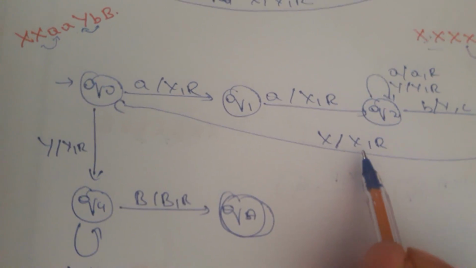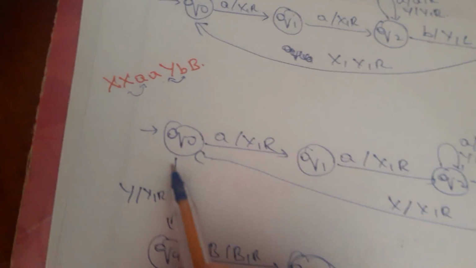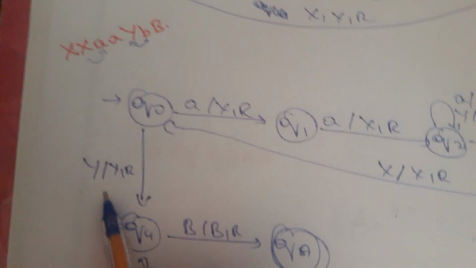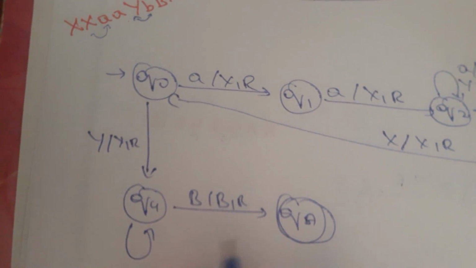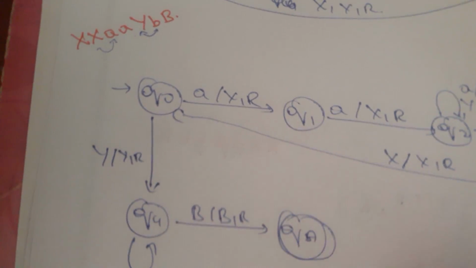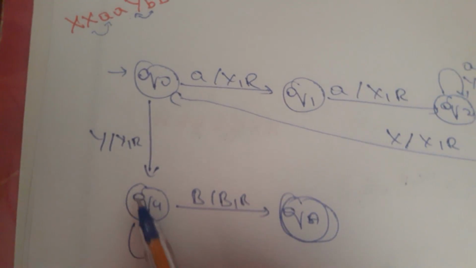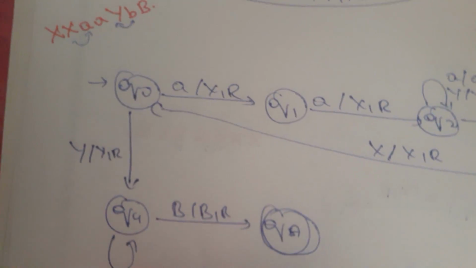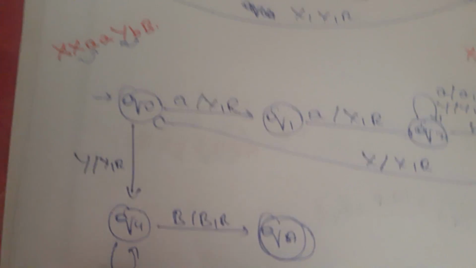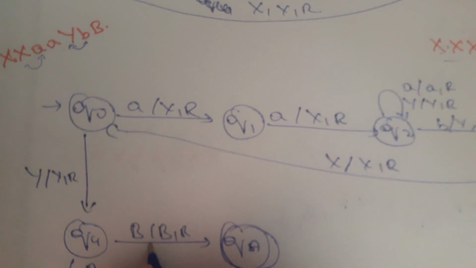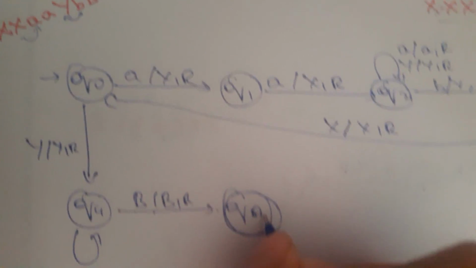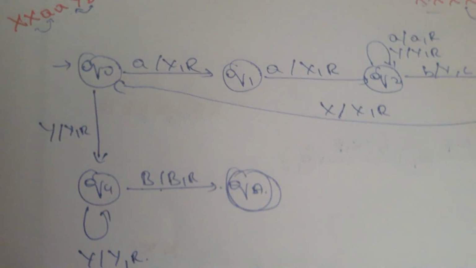So on moving to the right, if y occurs, then the Turing machine knows that all the a's and b's are converted to x and y, and we just skip the steps. That is, we just keep the letters as such and move to the right till we reach a blank space. On reaching a blank space, we move to the right and reach the final, accepted state.